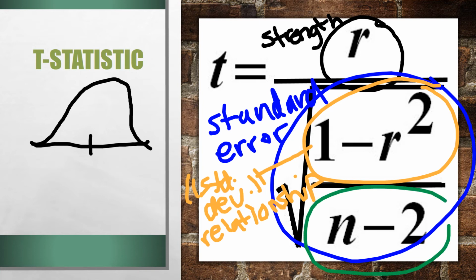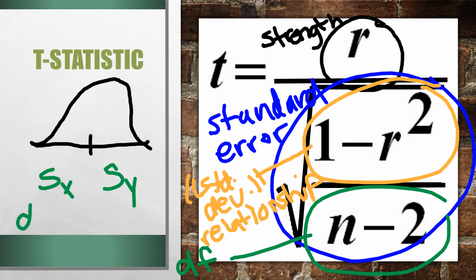And here in green, we have the degrees of freedom. And so remember, we have 2 scale variables, so we have 2 standard deviations. So we have a standard deviation for our x variable, and we have a standard deviation for our y variable. And we subtract off how many standard deviations we have to calculate to get our degrees of freedom.